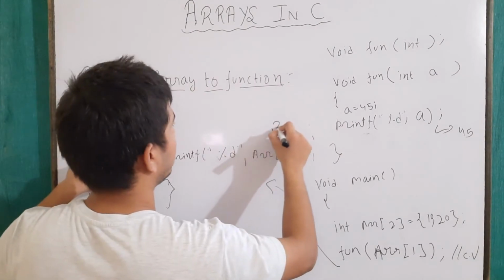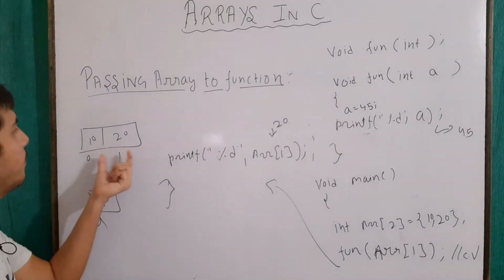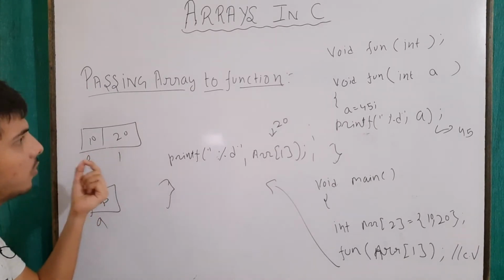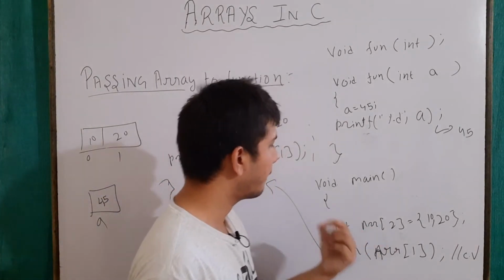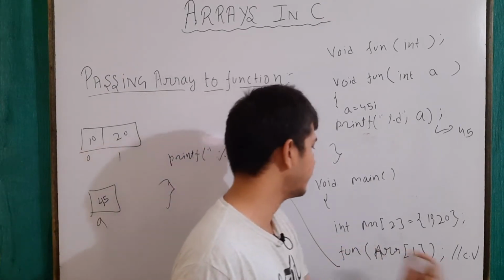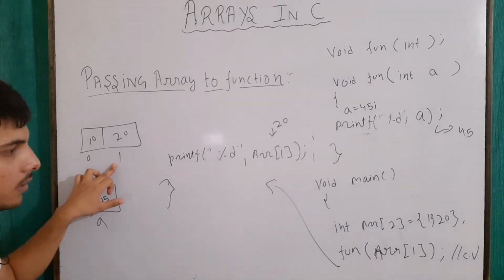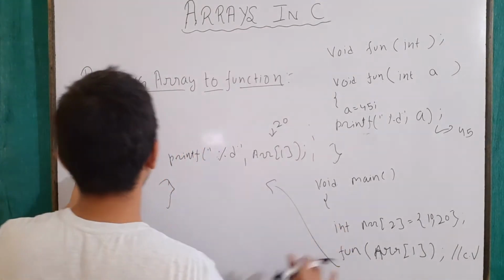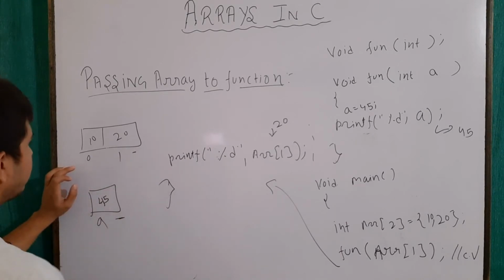So what's happening here? It is not changed. The main value of the array elements is not changed. So when we pass the value by call by value, the main value never changes. Why does it never change? Because we are not sending the address. The changes in this address and in this address are different.